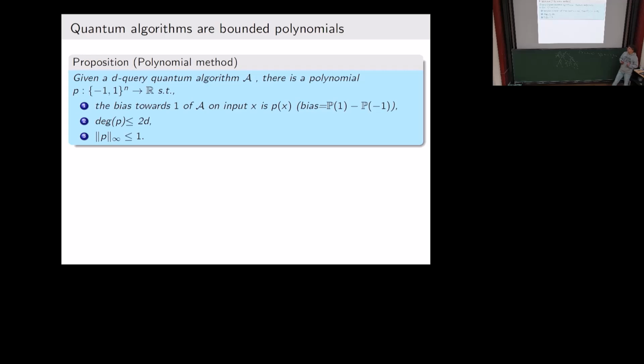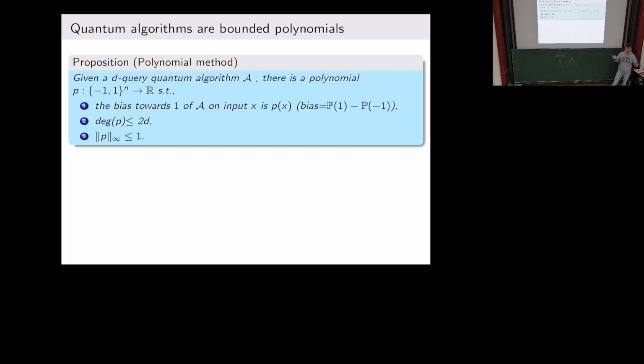What do I mean by the quantum algorithm being captured by a polynomial? Let's pick a quantum algorithm. At the end, on every input, it outputs 1 with some probability and minus 1 with the other probability. So for every x, the quantum algorithm is essentially a binary random variable. To understand a binary random variable, you just need one parameter, either the probability of 1 or the probability of minus 1.